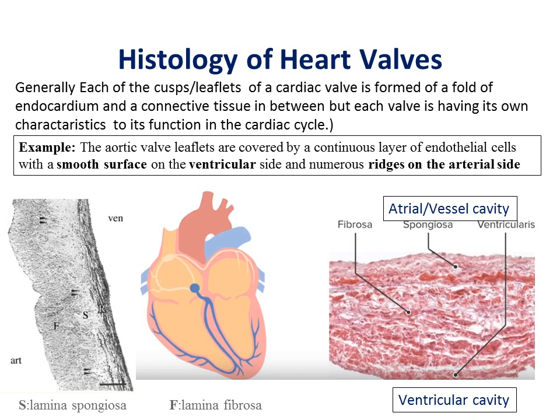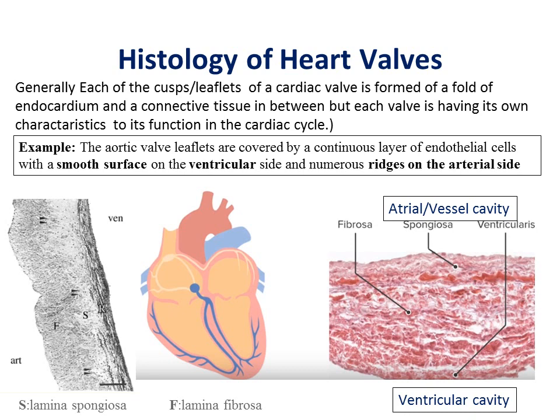If we are talking about the aortic valve leaflets, those are covered by a continuous layer of endothelial cells with a smooth surface towards the ventricle. This is the ventricle, smooth surface compared to the atrial side.